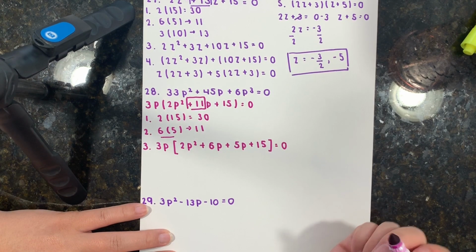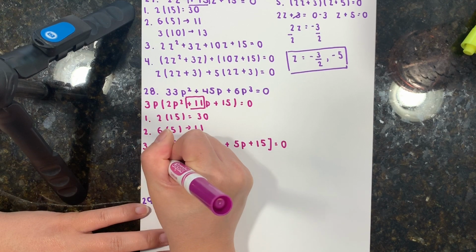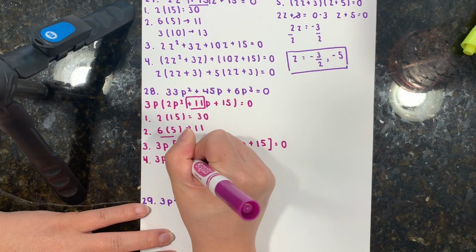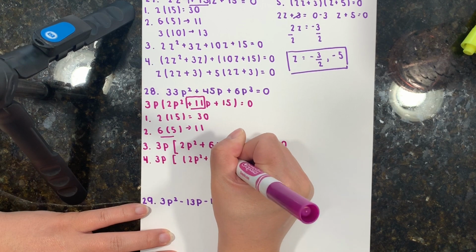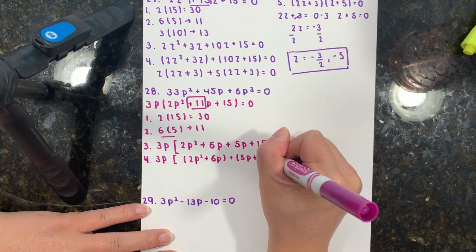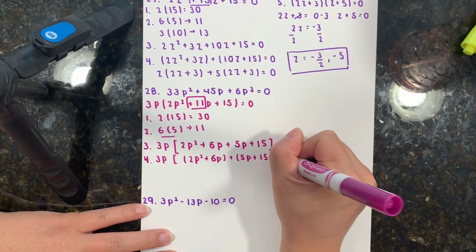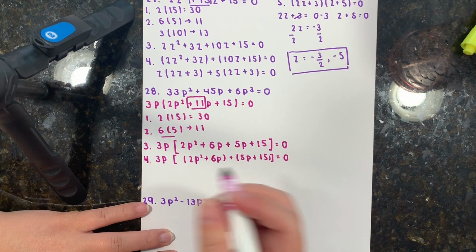I'm going to separate those into 2 separate expressions for step number 4, leaving the 3p on the outside. I'm going to have 2p squared plus 6p in one, and then 5p plus 15 in the other. And I can factor out of both of those terms.